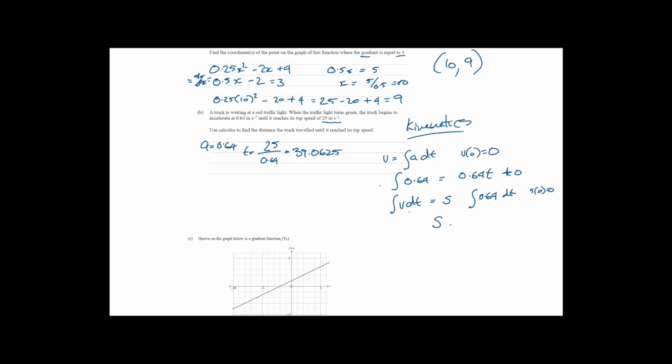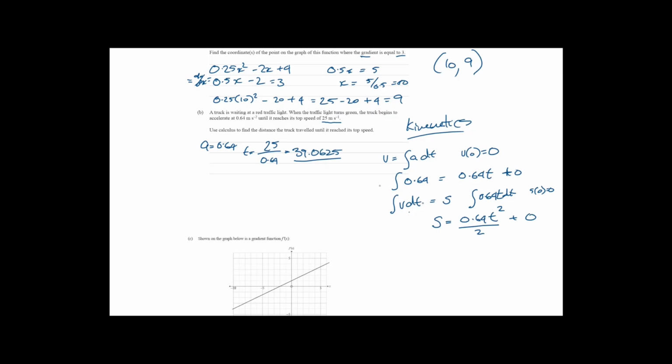So the distance is going to be 0.64, that stays. The t stays there. We get a 2. We divide that by 2 and the plus 0 at the end there. And then for our t, we're going to put in this here.